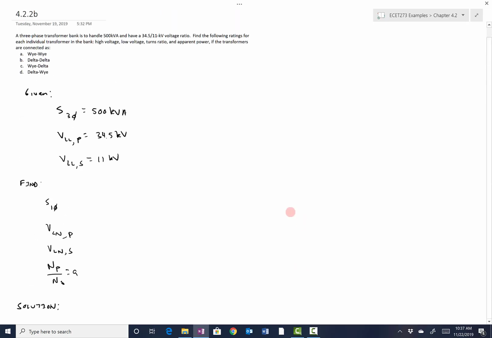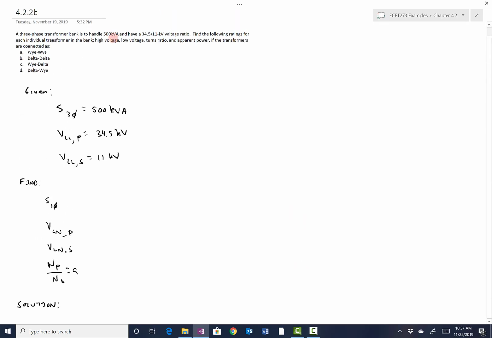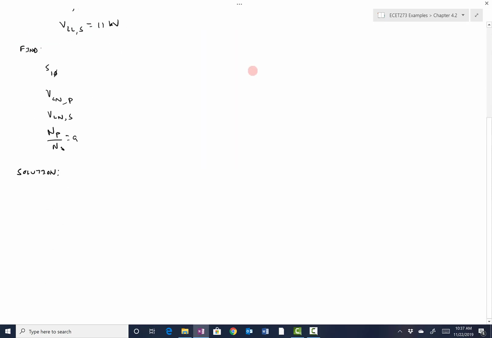All of these solution methods are going to involve the same power calculation. I've got 500 kVA total three-phase power that needs to get delivered, and it doesn't matter how the transformers are configured. Each of the transformers is just going to deliver a third of that in a balanced system. So S single phase, no matter the transformer configuration, is going to be S three phase over 3, assuming balanced system operation.